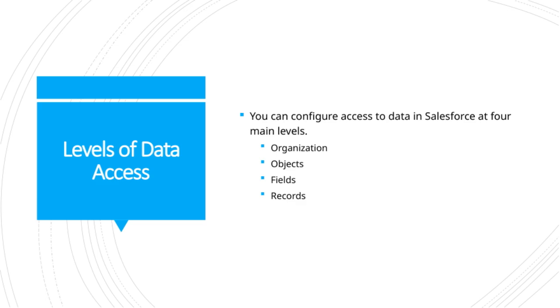Then, field-level access allows you to control visibility and editing rights for individual fields within those objects. Finally, record-level access gives you precise control over specific records, so you can restrict or grant access to individual data entries. Understanding these levels is crucial because they form the foundation of how you secure and manage data access in Salesforce, aligning with your overall data governance strategy.